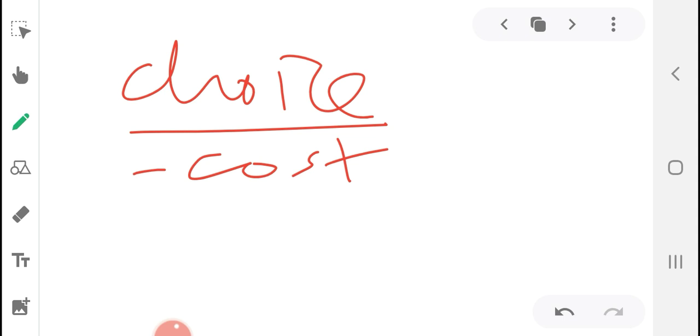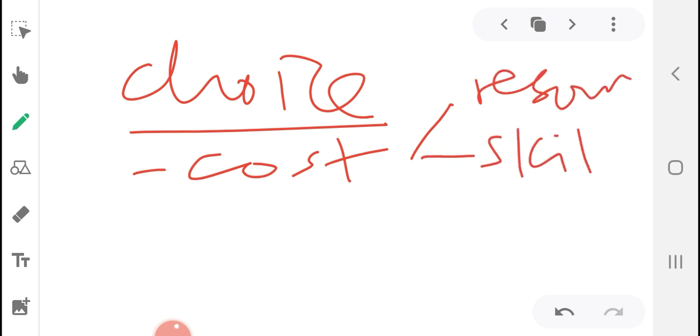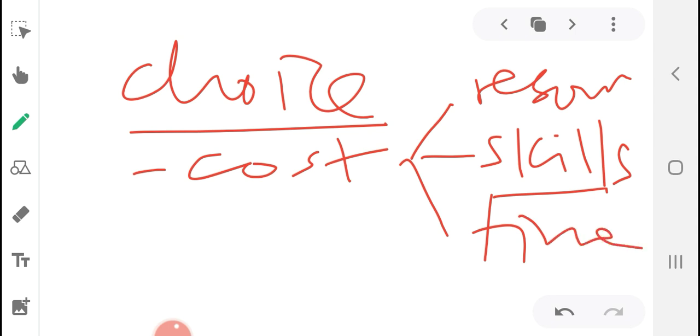Then the feasibility of the solution for your business given existing resources and skills. So you consider what resources do I have? What skills do I have? How much money does this solution require? And the length of time that will be required to build and implement that solution.